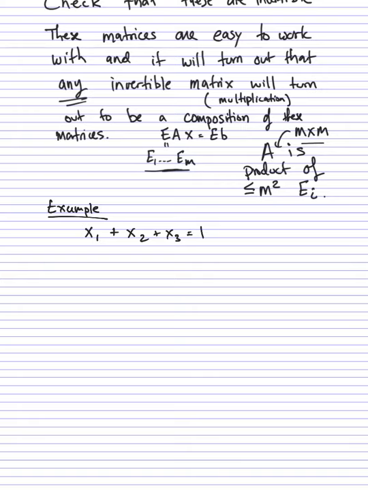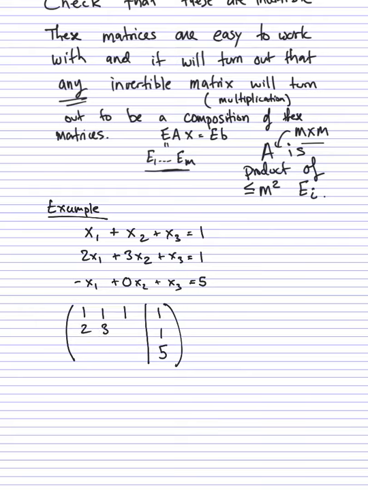So I have x1 plus x2 plus x3 is 1, 2x1 plus 3x2 plus x3 is 1, negative x1 plus 0 x2 plus x3 is equal to 5. Then the matrix that we get from this is just the coefficients and the vector that we're aiming for. So we get 1, 1, 1, 2, 3, 1, negative 1, 0, 1.